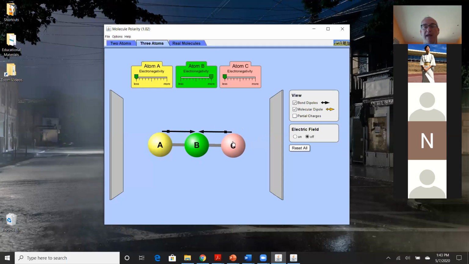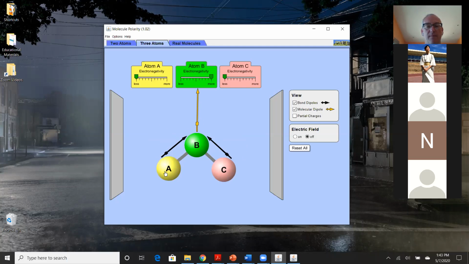In this instance, water would have no polarity. If it was a linear molecule, water would be nonpolar, and none of us would be here to talk about it. But it isn't. It is bent. And so it has this overall dipole to it.